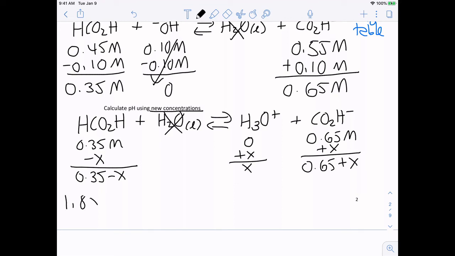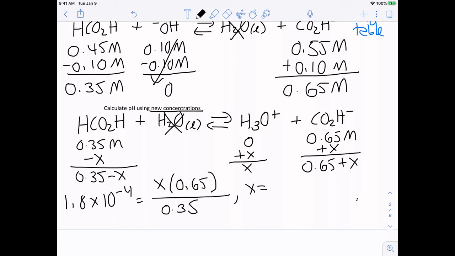My Ka is the concentration of products, so x times 0.65, sorry, plus x, ignoring that because my Ka is small, so we can use that assumption, over the concentration of my reactants. Again, because my Ka is small, I can ignore that x, right? We're saying that x is negligible compared to my initial concentrations. We're going to solve for x, and x is going to be my hydronium ion concentration.